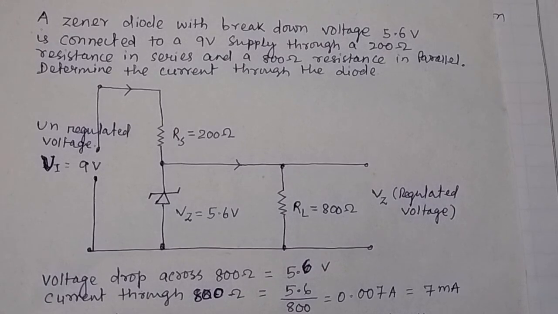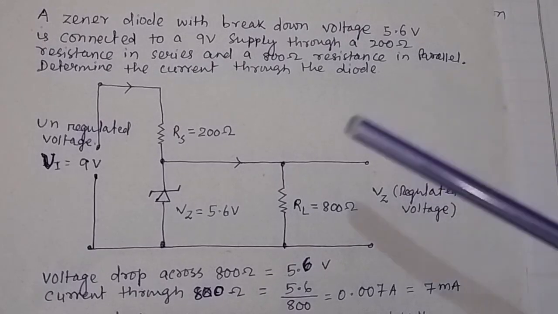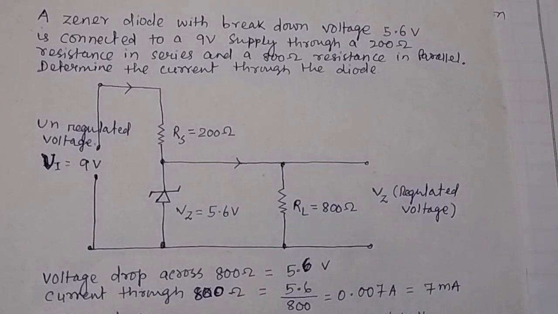So in this problem, the breakdown voltage of the zener is given as 5.6 volt.